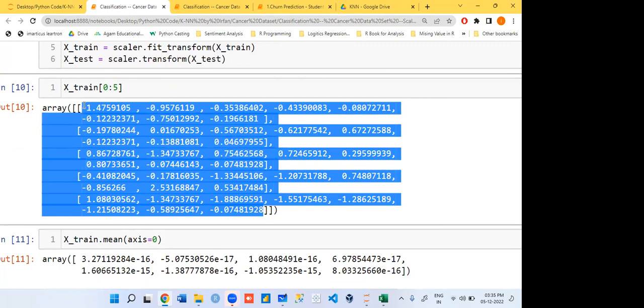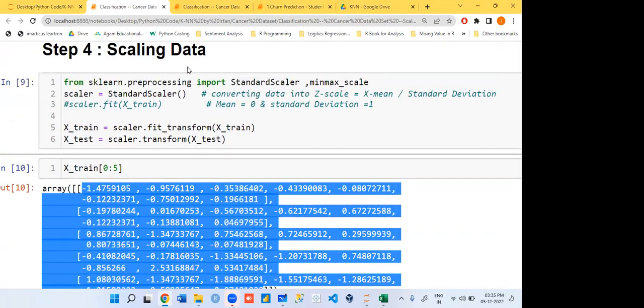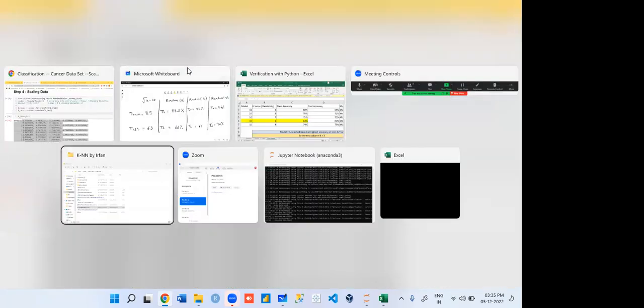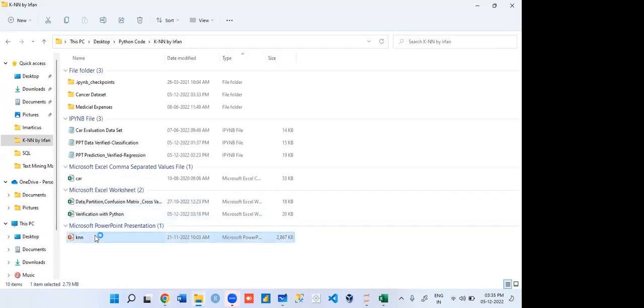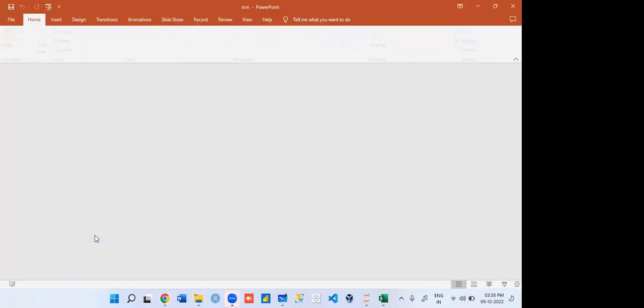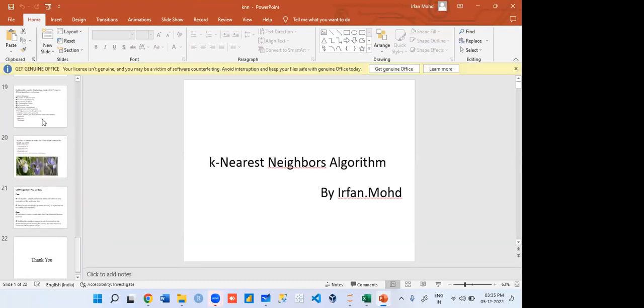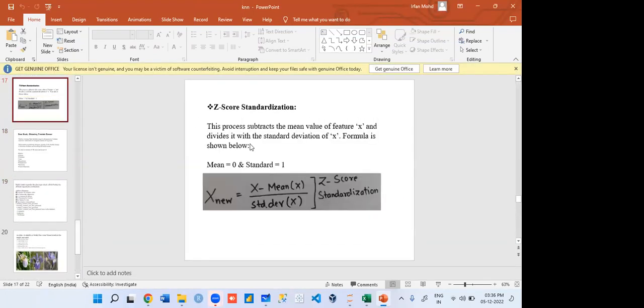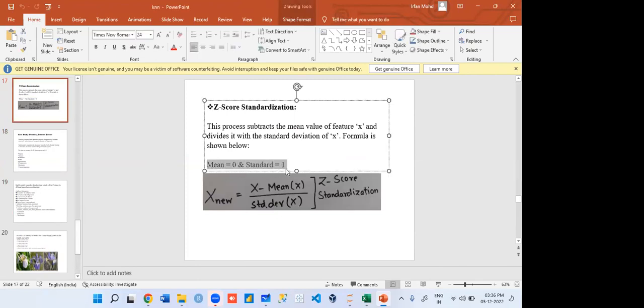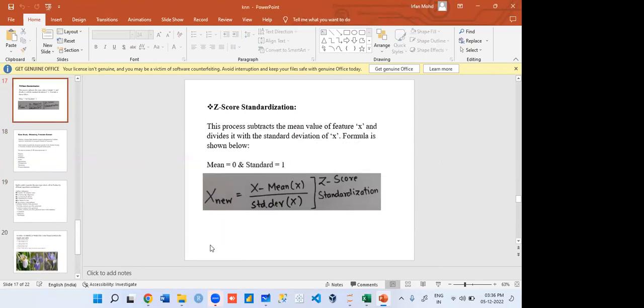As per the rule, whenever you apply standard scalar, the rule says that the mean will become 0 and standard deviation as 1. Can you read over here? The mean will become 0 and standard deviation as 1.